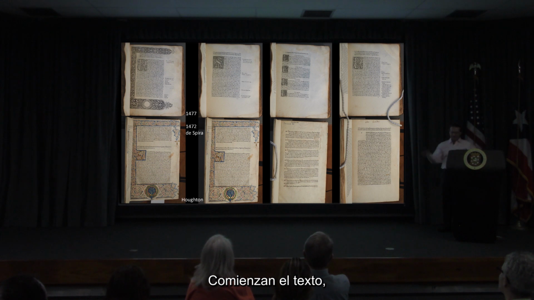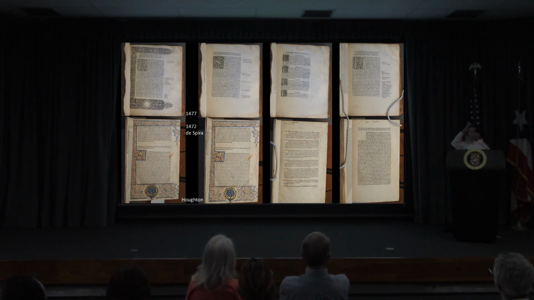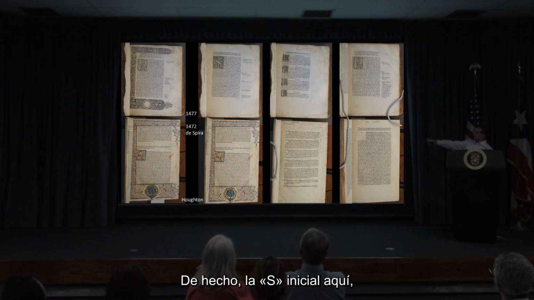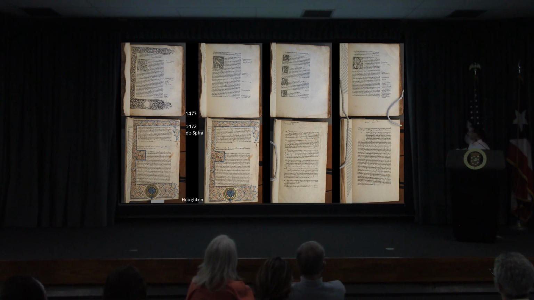They start the text, so the introduction or the letter of dedication is in fact switched around. But in any case, the initial S that you find here is anticipated in Ratdolt by the other letter, by the letter of dedication.